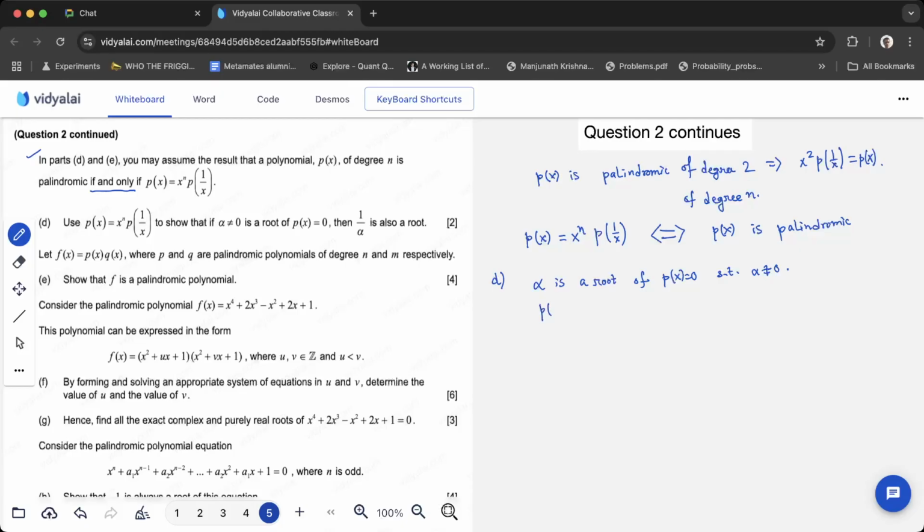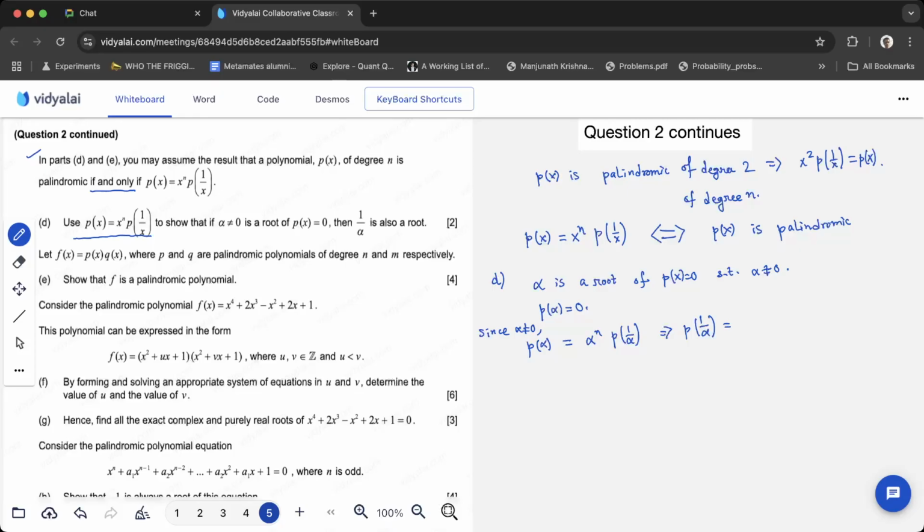So p of alpha is equal to 0. We can argue that since alpha is not equal to 0, p of alpha equals alpha to the n times p of 1 over alpha. Well, that is given, like use this equation. Hence, p of 1 over alpha.